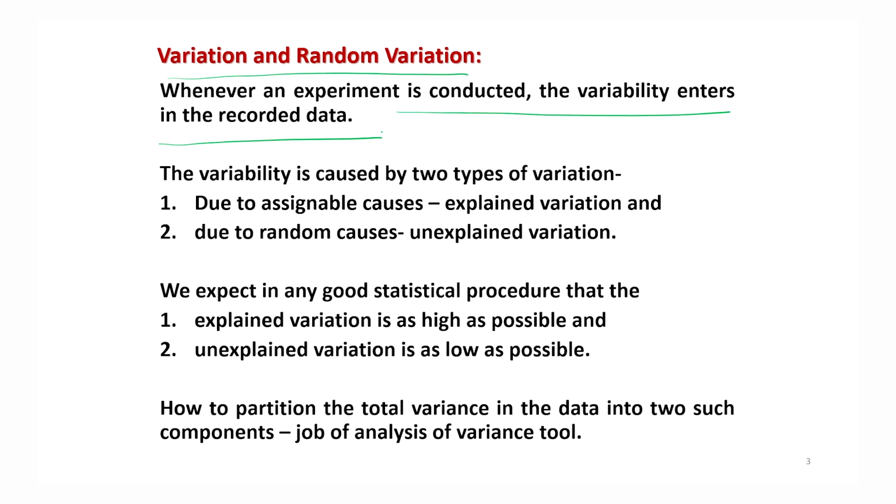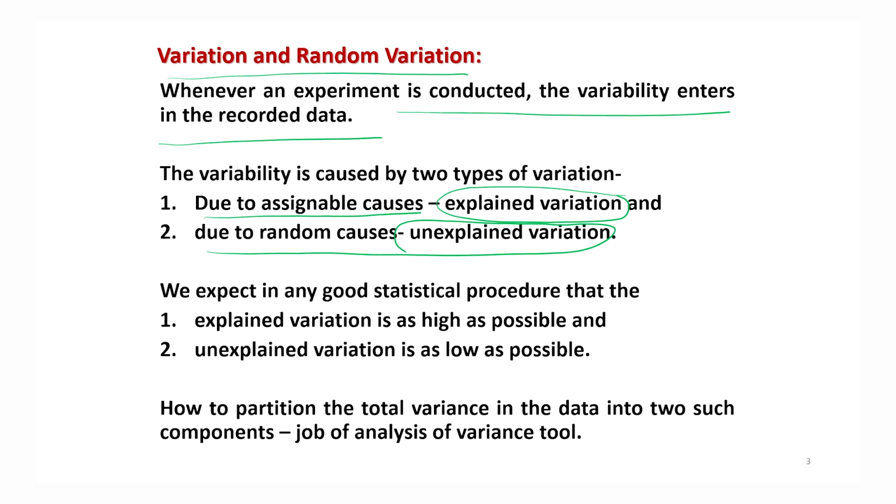Now this variability can be caused by two types of variation. One is due to some assignable causes that we know, and this variation can be explained. No issues, I have no problem once I know this is the reason for the variability. And the second is random causes. This is the part which cannot be explained, and this is the unexplained variation.